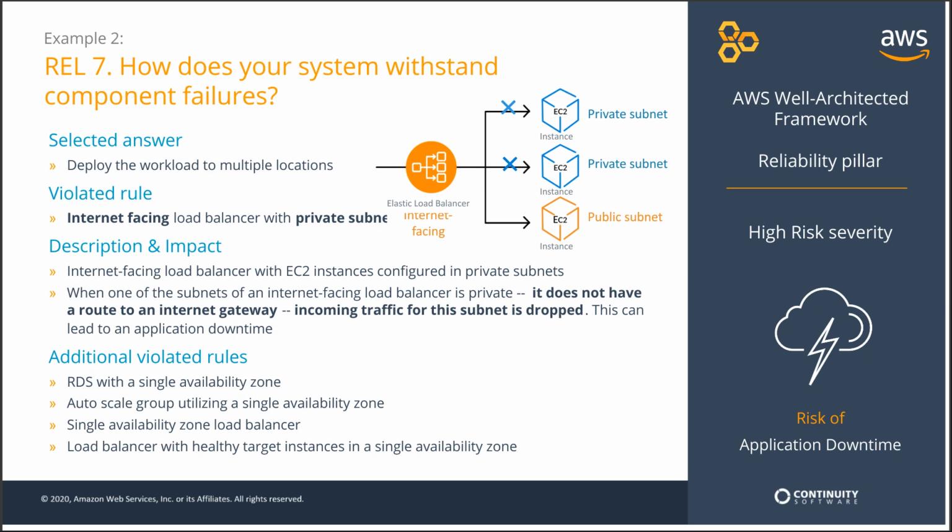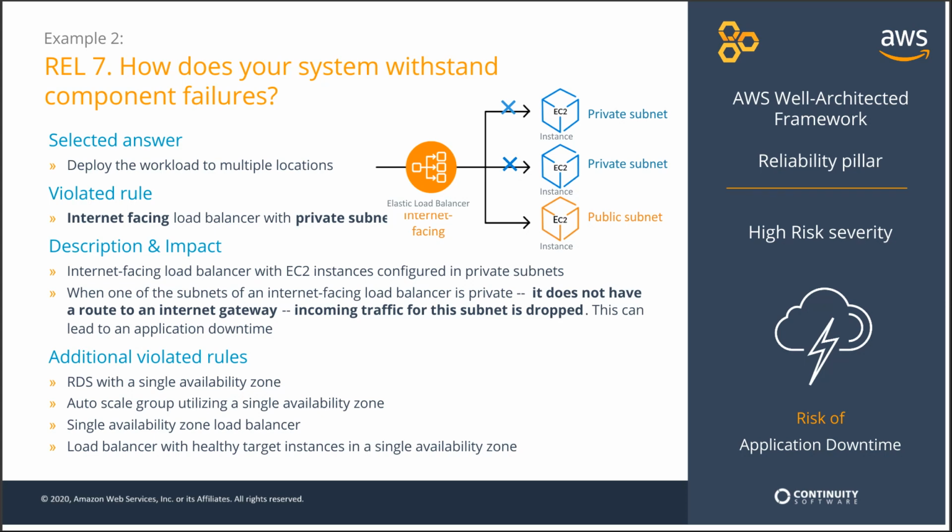The first one was an internet-facing load balancer with a private subnet. In this case, it cannot route inbound traffic into a private subnet that is connected to an internet gateway. That can eventually cause downtime.